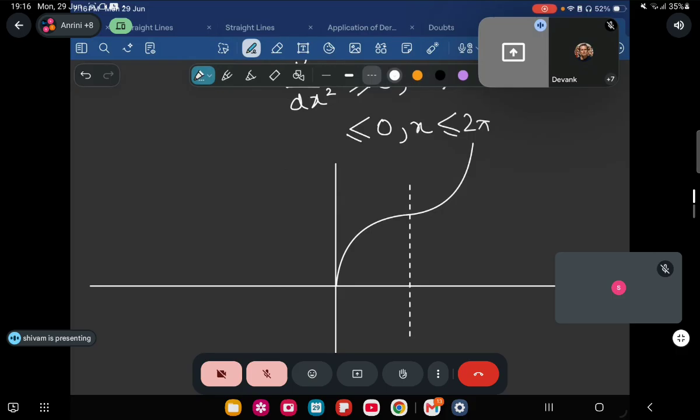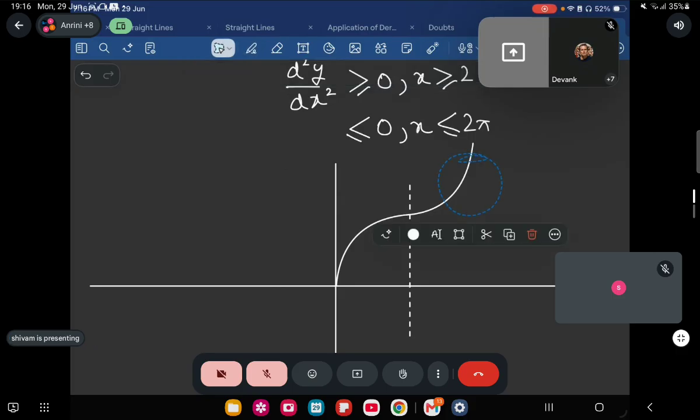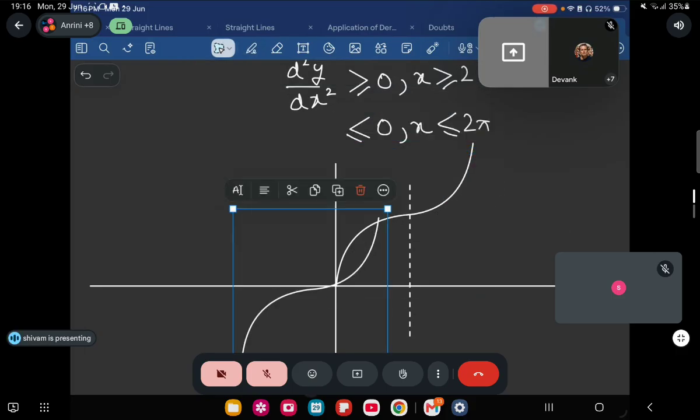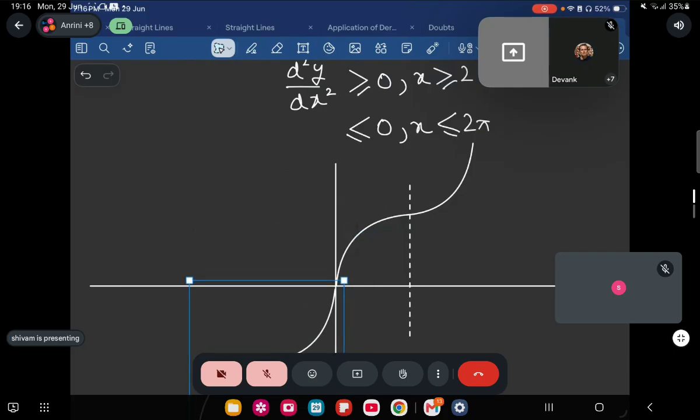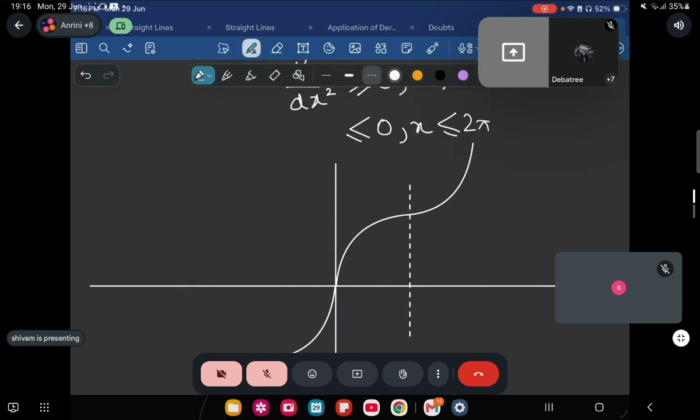Tell me, everyone is getting how I'm drawing the graph? If you're not getting, you ask me, I'll explain. Yes, sir. Okay, this is how the graph is going to look like. So for x equal to 2 pi, what is the value of y? Tell me, Sarthak, what is the value of y at x equal to 2 pi?